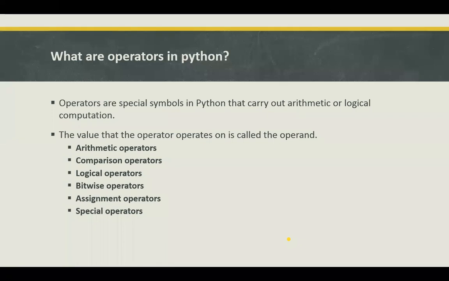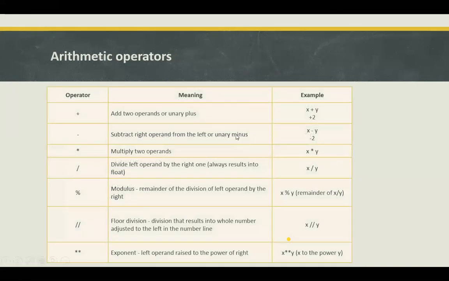Out of these, most of the operators you have used. I think the bitwise operator and special operator you might not have used, but the other operators you have used in C programming. So all the operators are very easy. You already know them, but we'll discuss them briefly.